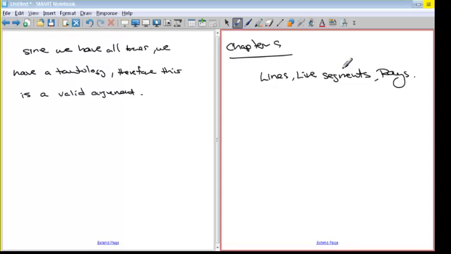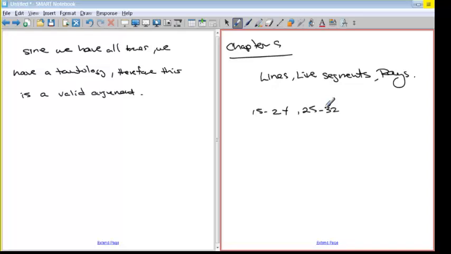What I want you to do is to be able to identify what certain lines, different types of lines are, what a line segment is. If you look in the homework, 15 through 24 and 25 through 32.